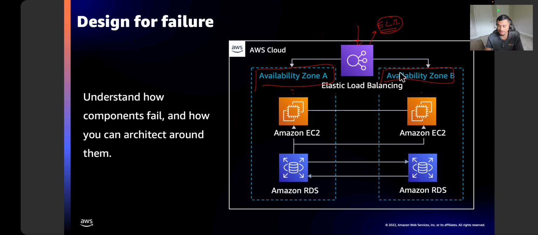And if we face an availability zone level failure, let's say AZ B goes down, the ELB can redistribute requests accordingly to the resources that are still up and running, right? So that's the first thing that we're doing here. We're making use of multiple availability zones. And remember that it is a high availability best practice to use at least 2 availability zones so that if one goes down, we can still remain available, right?